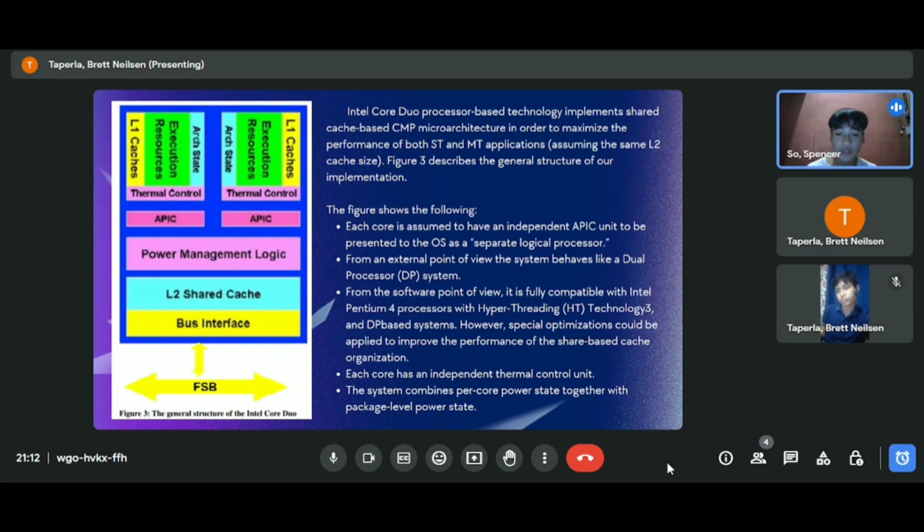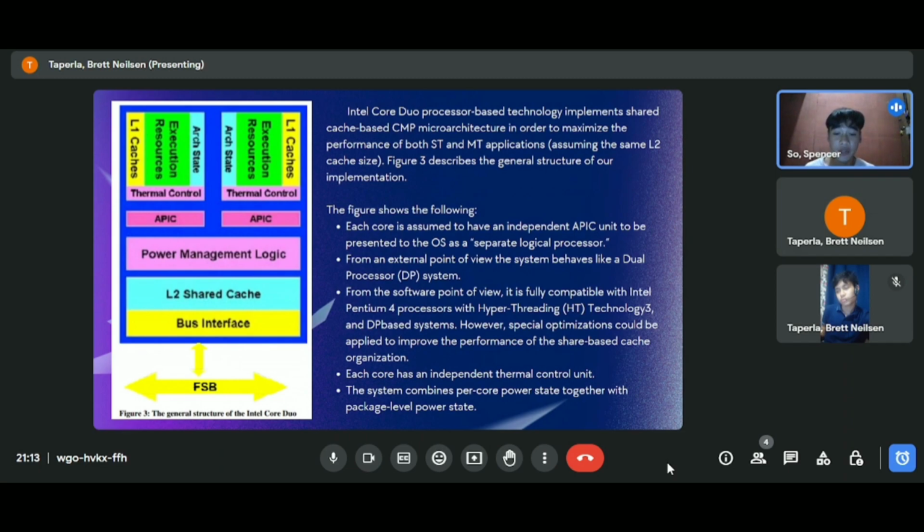From the software point of view, it is fully compatible with Intel Pentium 4 processors with hyper-threading or HT technology and DP-based systems. However, special optimizations could be applied to improve the performance of the shared cache organization.